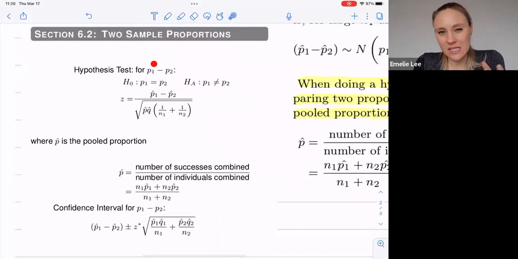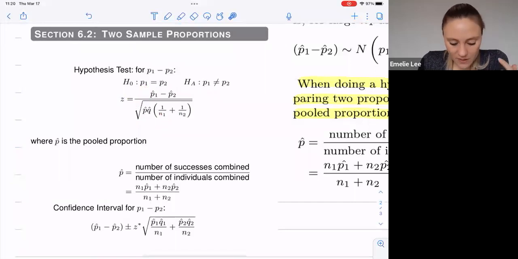We haven't seen it explicitly yet, but if I want to do a hypothesis test for P1 minus P2, my null hypothesis is that they are the same, right? I have to assume that they're the same until I have proof otherwise. And then my test statistic here is a little bit involved. Of course, we're going to pick this thing apart, but this is how we calculate our Z-score.